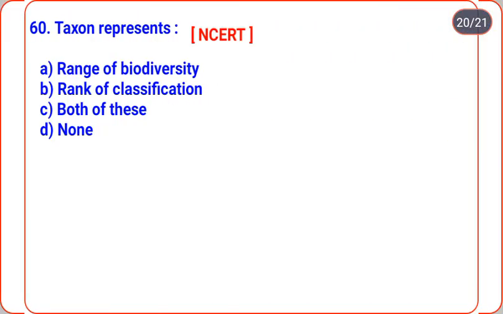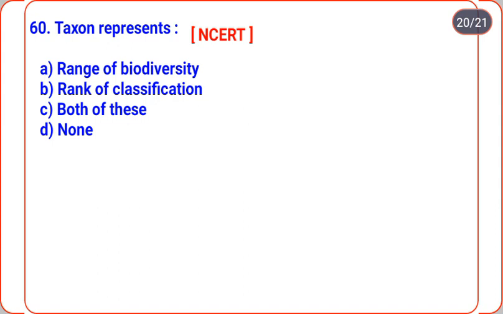So next, question number 60. Taxon represents option A rank of the biodiversity, option B rank of the classification, option C both of these, option D none. I repeat, taxon represents rank of biodiversity, rank of classification.